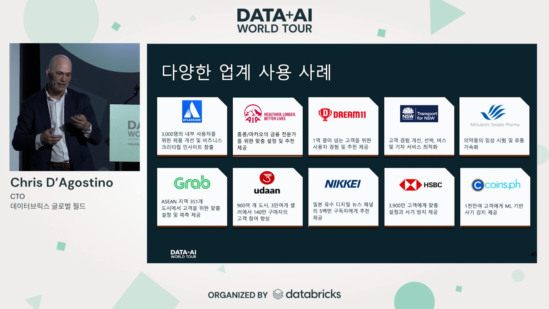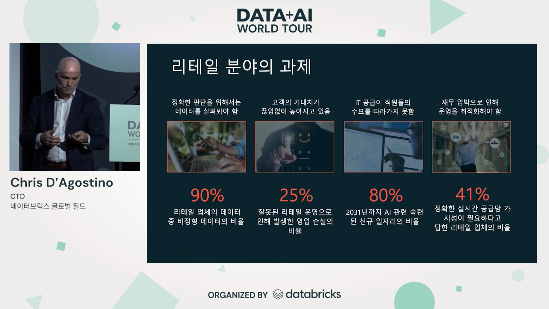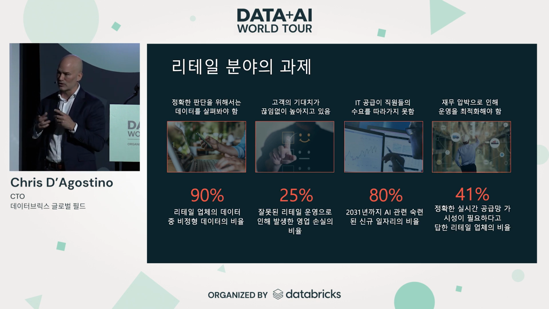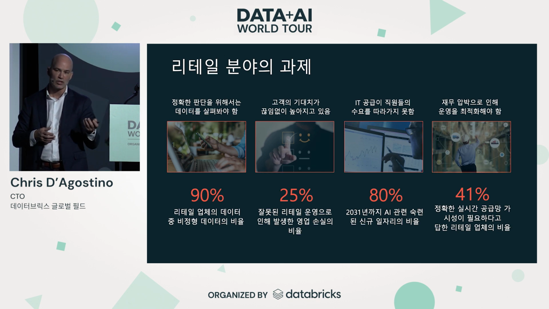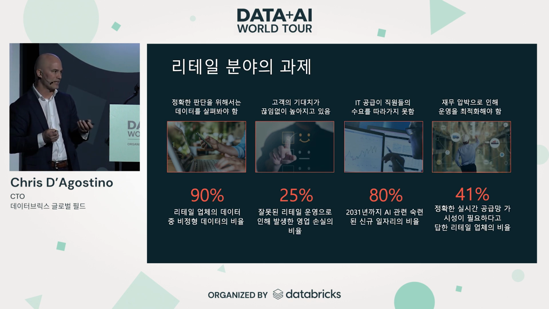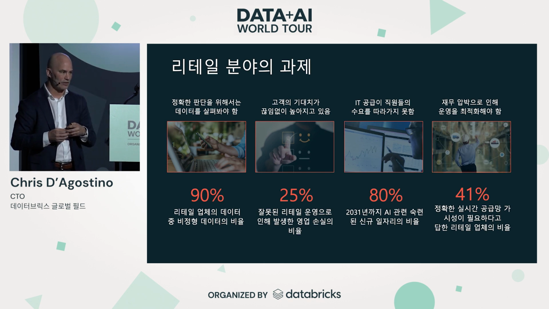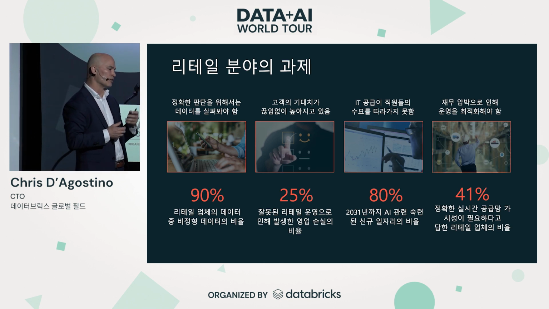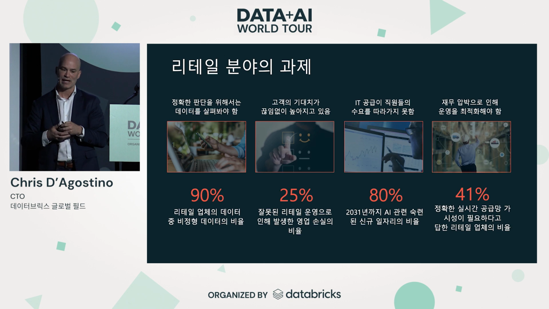So in each of these environments, we talk about retail, and so I'm going to introduce here in a moment a gentleman to talk from Emart 24. But if you look at the retail space in particular, some of the statistics that are really sticking out are 90% of the data is unstructured data, and a quarter of the sales are lost because of the next best action requirement not being met.